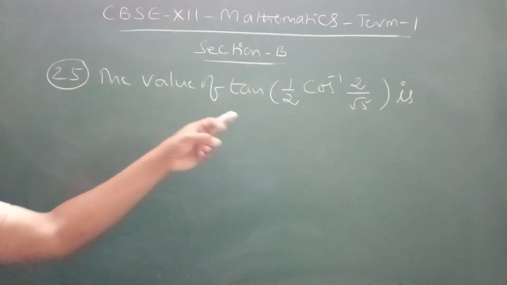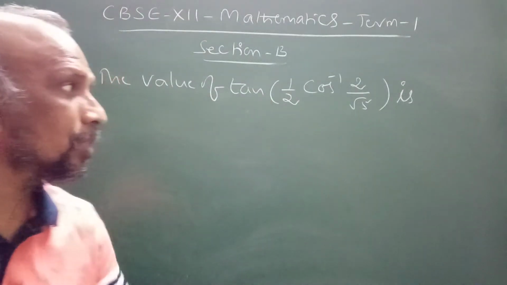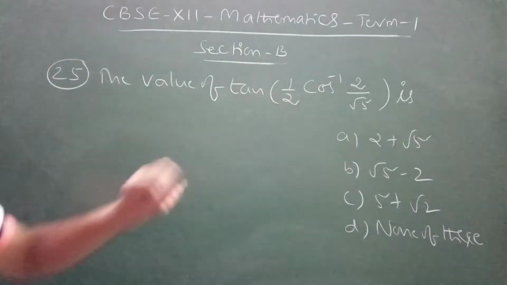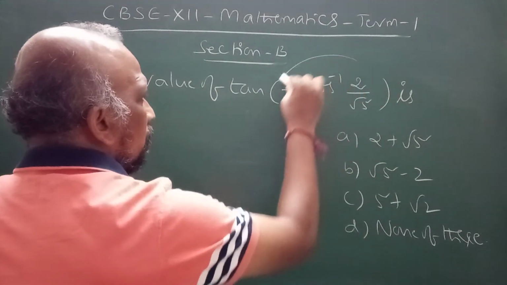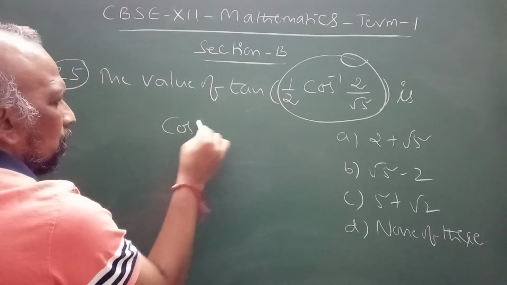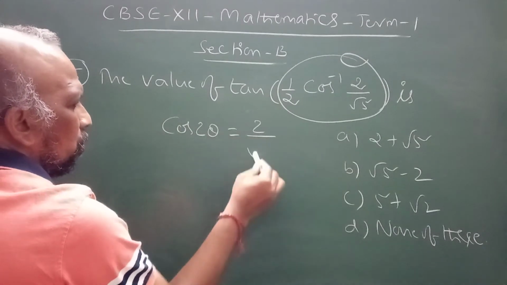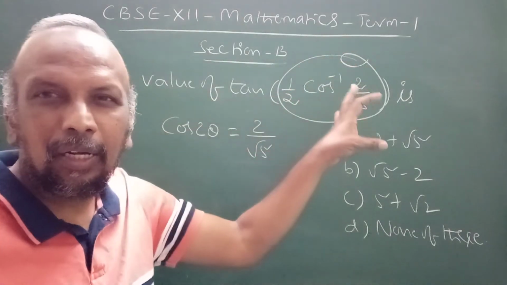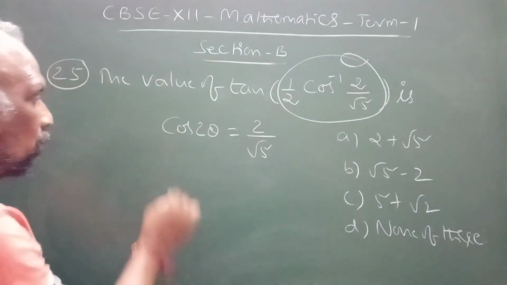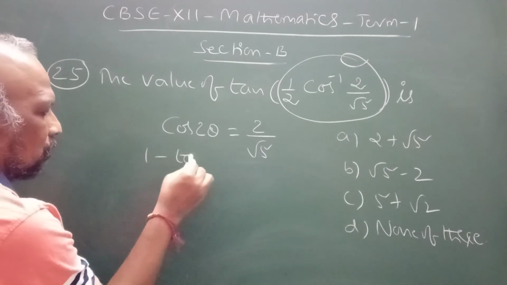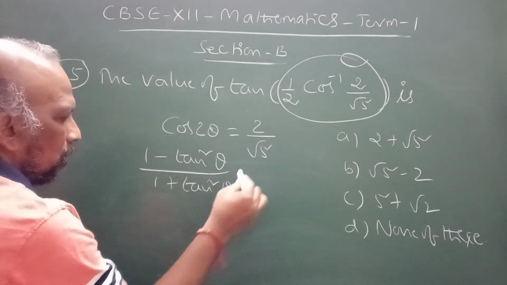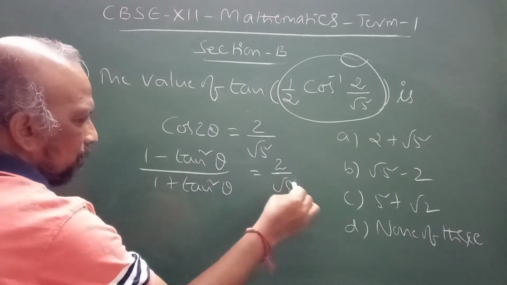Now the value of tan of 1 by 2 cos inverse of 2 by root 5 is. So in this problem, you can consider this is theta. If we take the entire value as theta, then cos 2 theta is equal to 2 by root 5. But we know that cos 2 theta means 1 minus tan square theta by 1 plus tan square theta, equal to 2 by root 5.